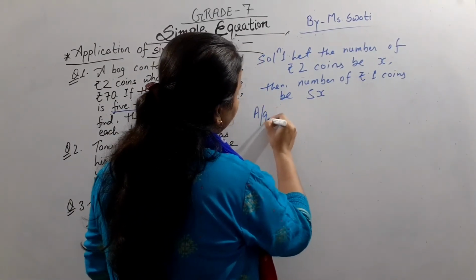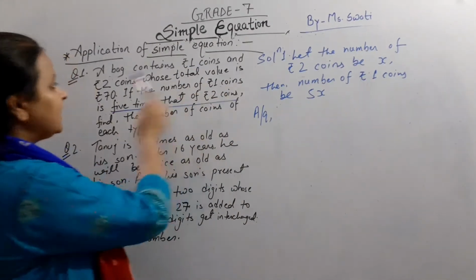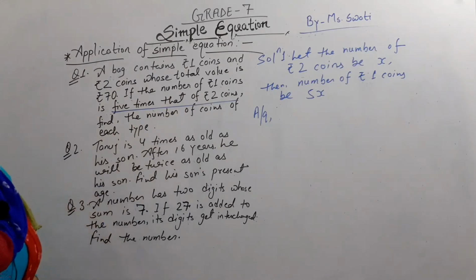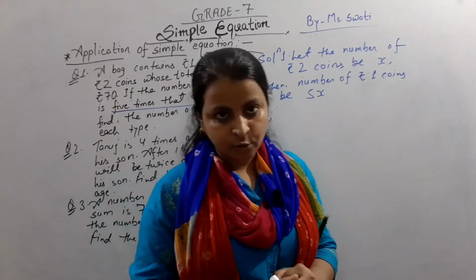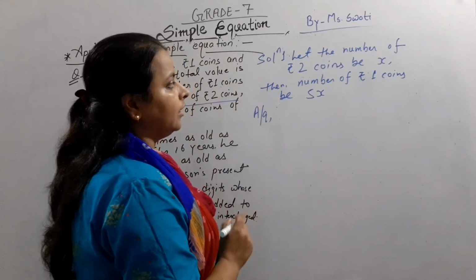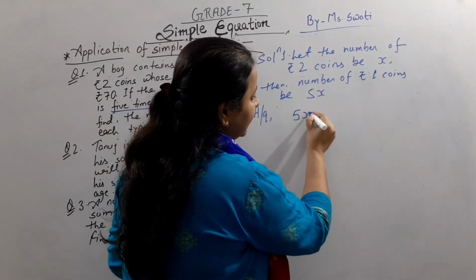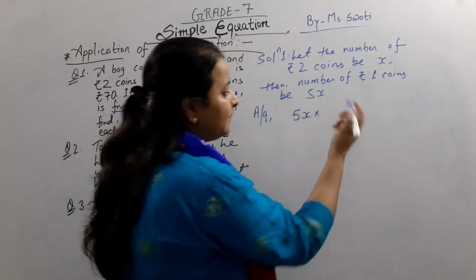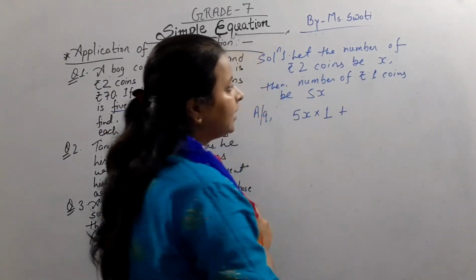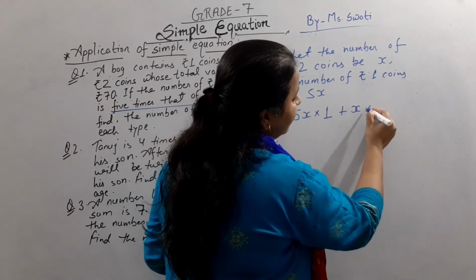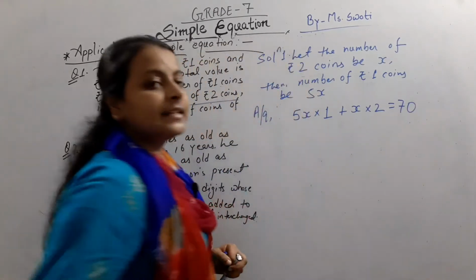₹2 coins be x, then number of ₹1 coins be 5x. Now according to the question, a bag contains ₹1 coins and ₹2 coins whose total value is ₹70. So the number of ₹1 coins, 5x, multiplied by 1, plus the number of ₹2 coins multiplied by 2, and the total value of the bag is ₹70.